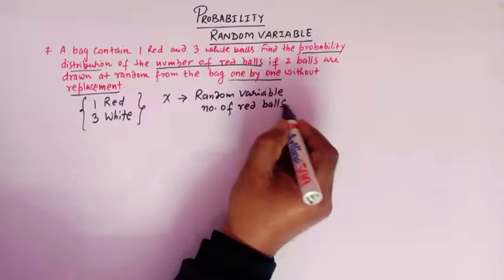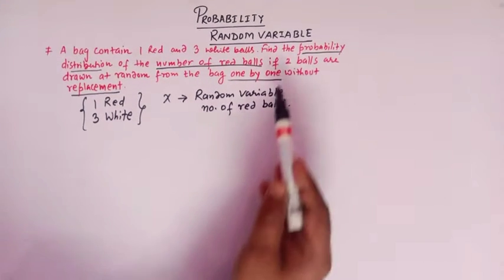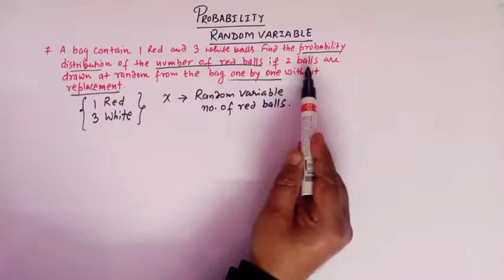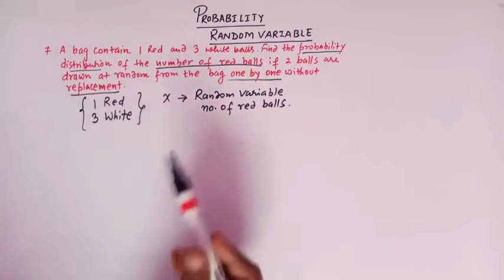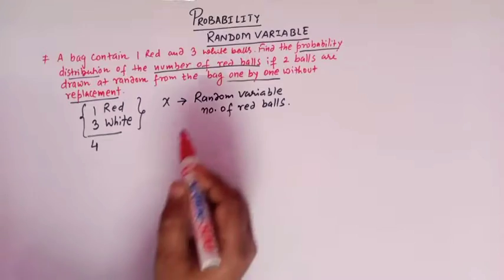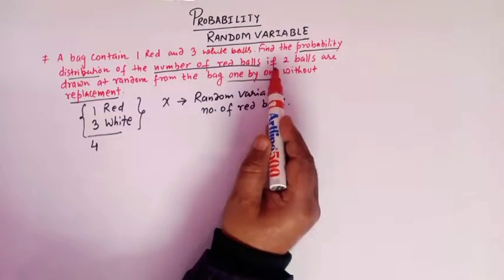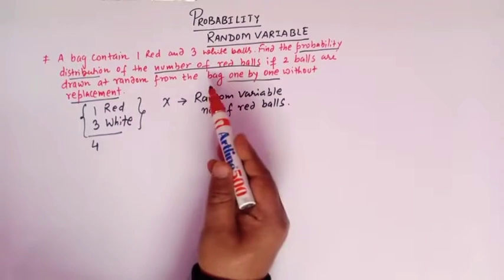Which gives us the number of red balls when the random experiment of drawing two balls has taken place one by one without replacement.